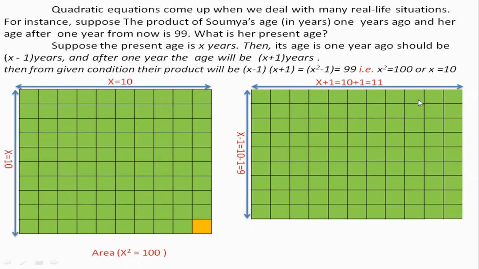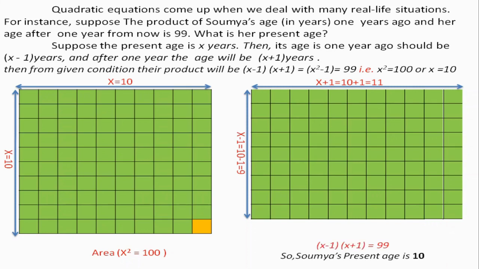So the number of columns becomes X plus 1, meaning 10 plus 1, 11, as you can see in the figure, and the number of rows becomes 10 minus 1, which is 9. Now what is the product of this? 11 into 9 is equal to 99.